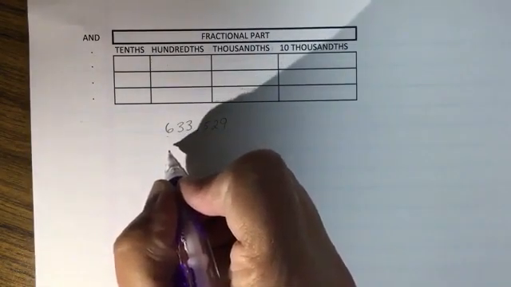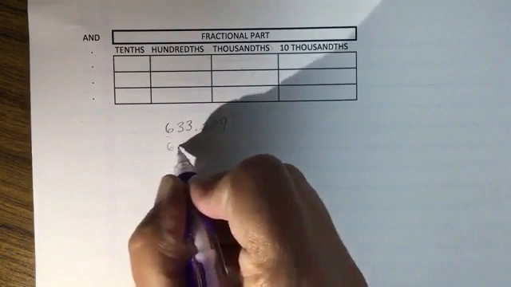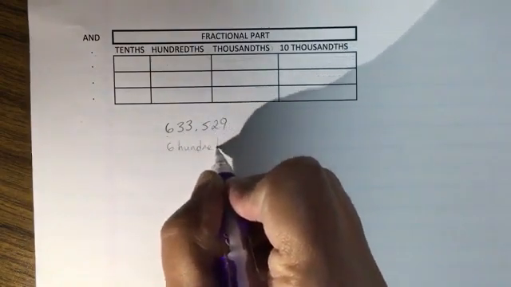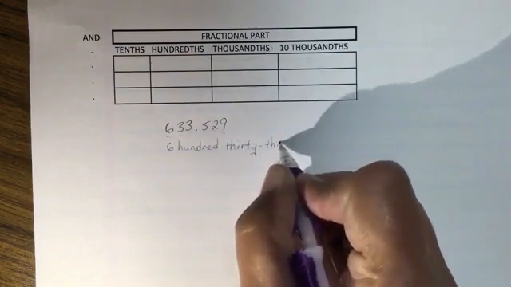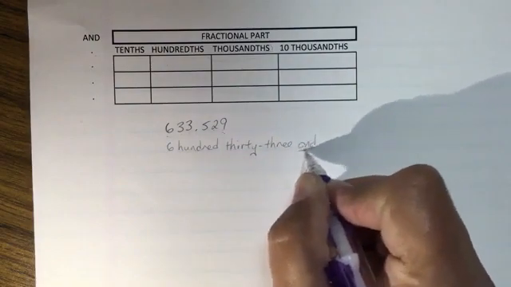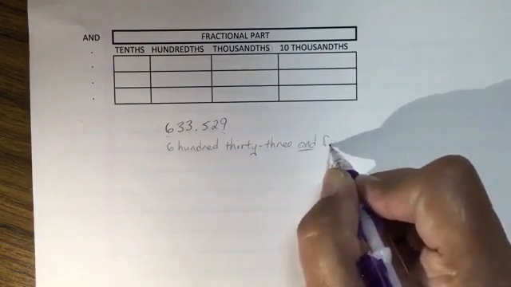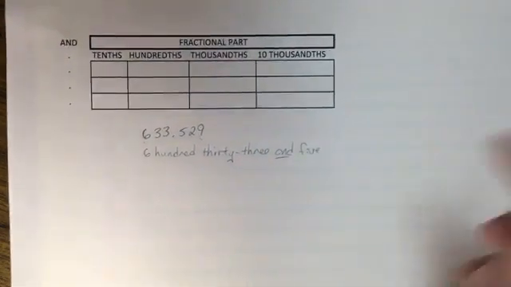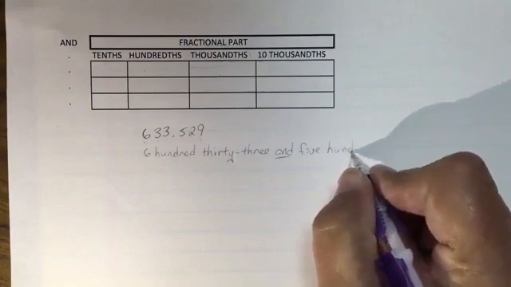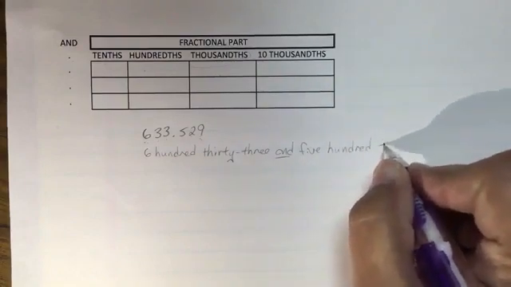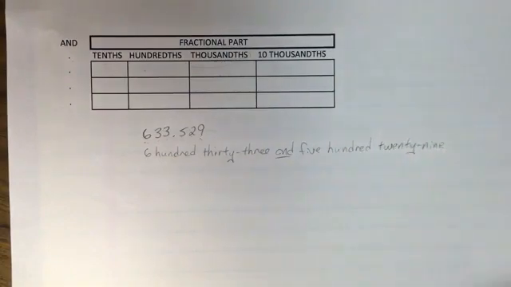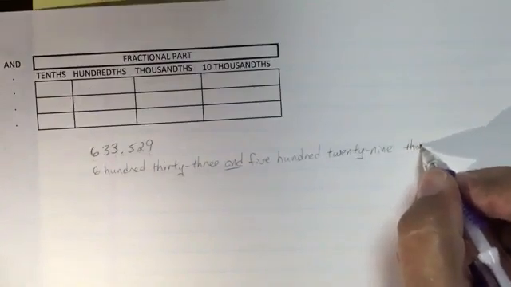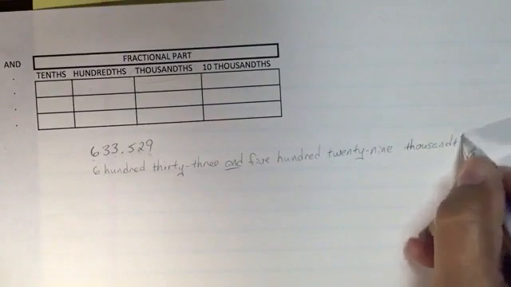If we were going to take this word, 633 and on the other side, we had just plain thousands.